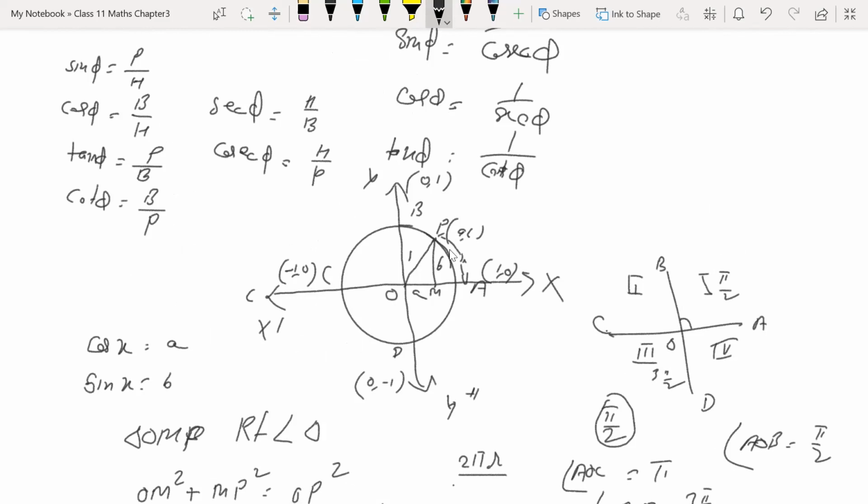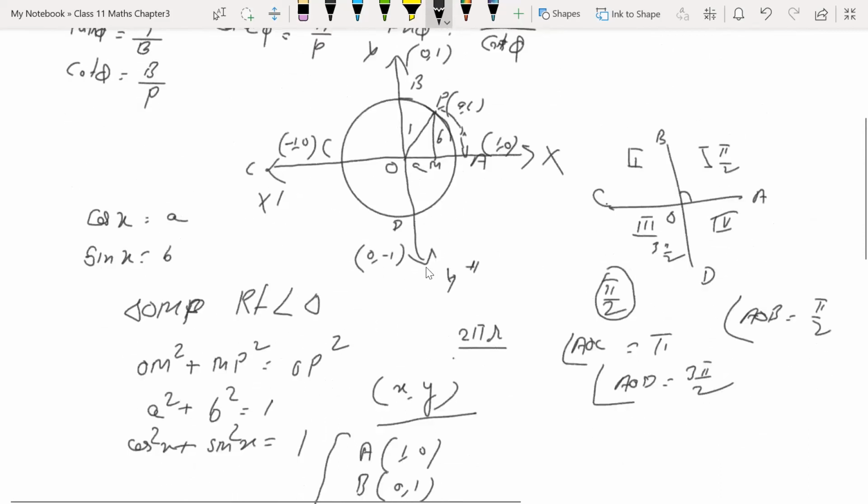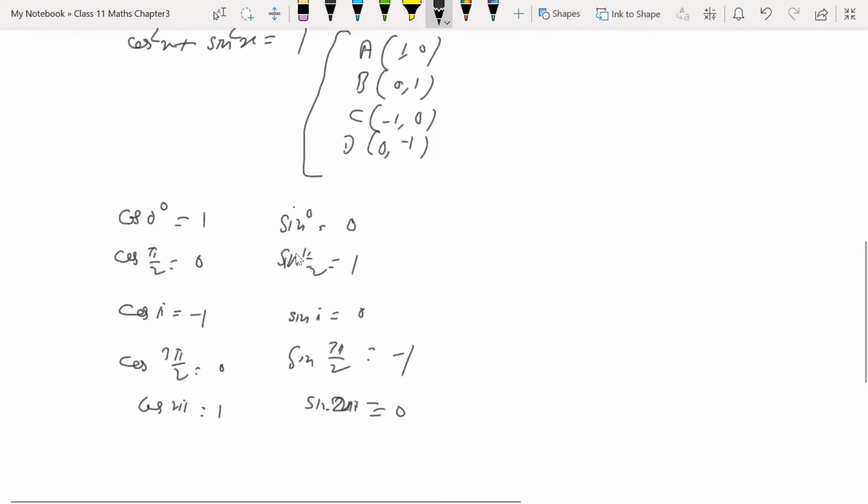Again, if we start from P and x increases or decreases by a multiple of 2 pi, the values of sine and cosine functions don't change. Values of sine and cosine functions don't change: 1, 0, 1, 0.